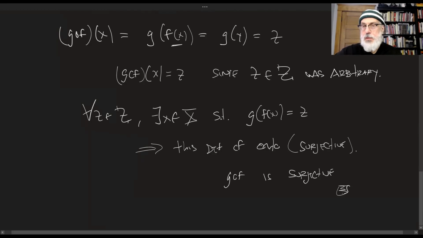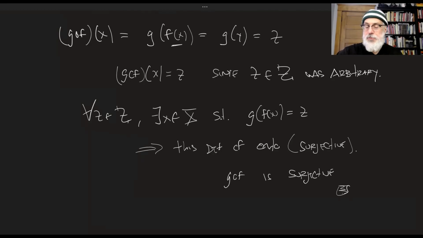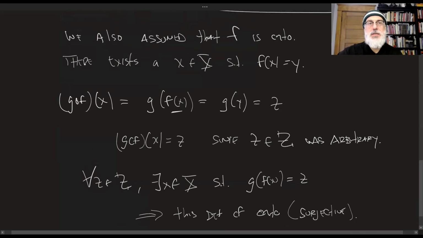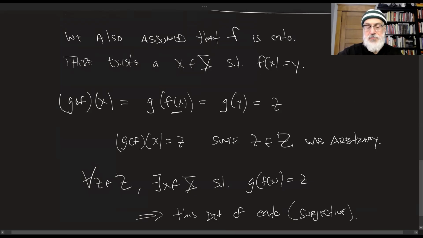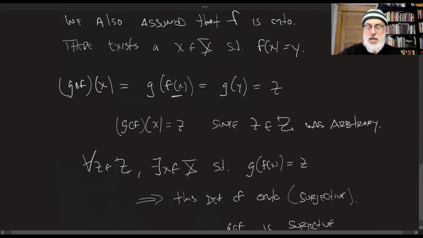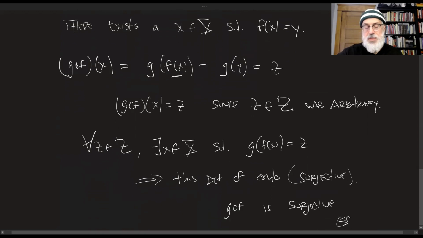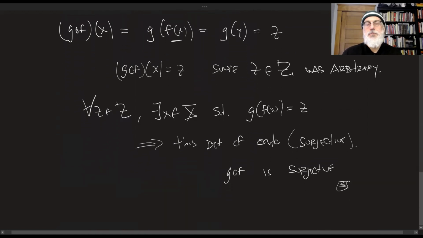So we just use the fact that f and g are both onto, both surjective. We wrote down what that means for them to both be surjective. And then we looked at what the composition was for some element x. And that's it. So we've proven that g of f is surjective when f and g are.